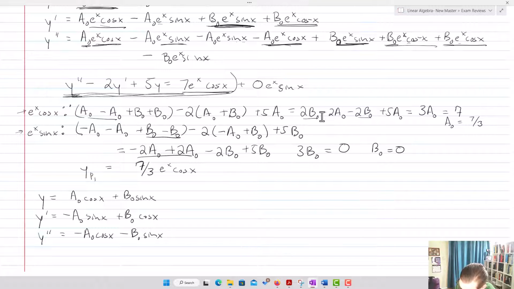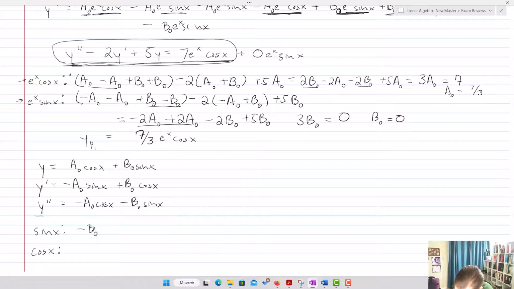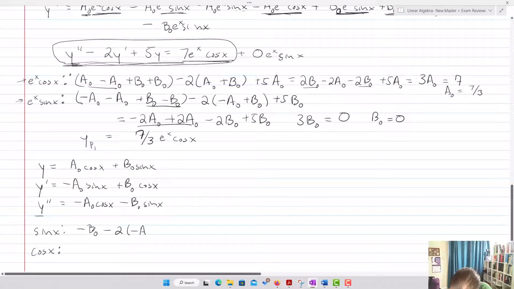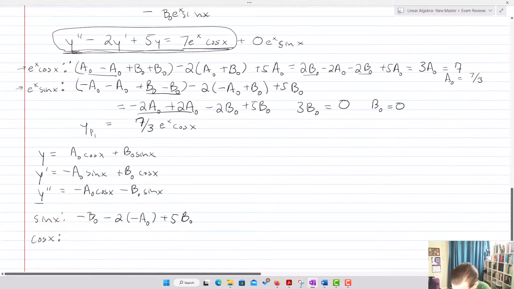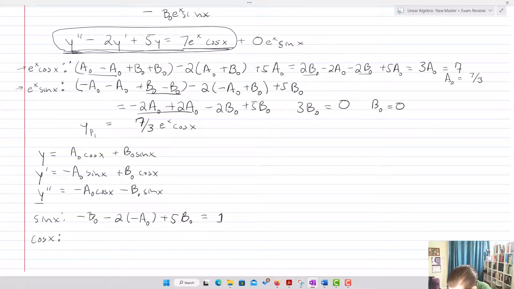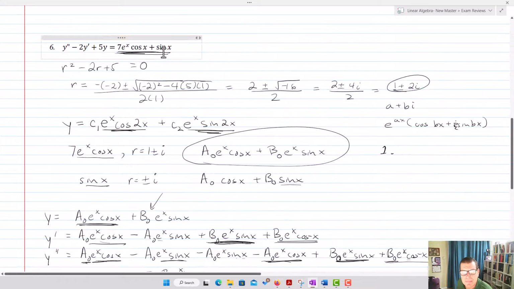I'm now going to plug it into the system. We're going to do this with sine x's and cosine x's. We'll just put those together. So with my sine x's, I've got a negative b naught, and then minus 2 times negative a naught plus 5 times b naught. And that's going to end up equaling 1, because remember that our system was equal to a 1 sine x there.